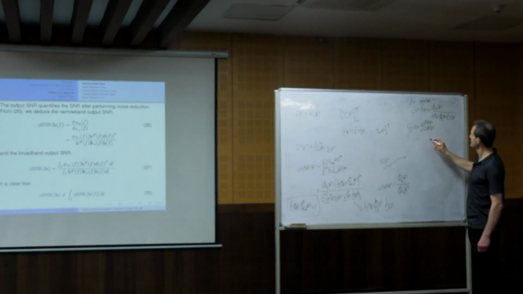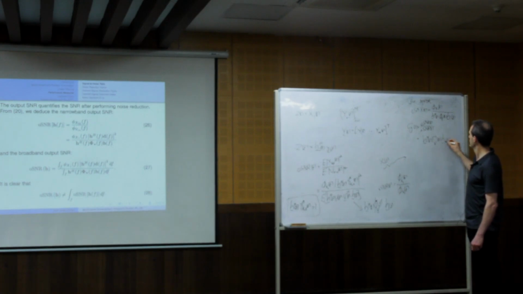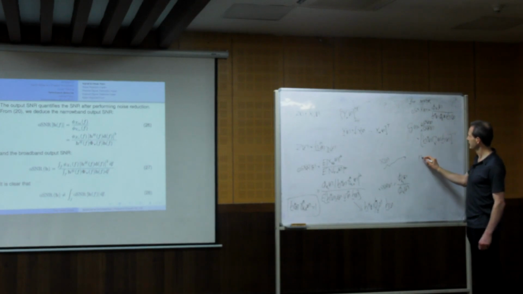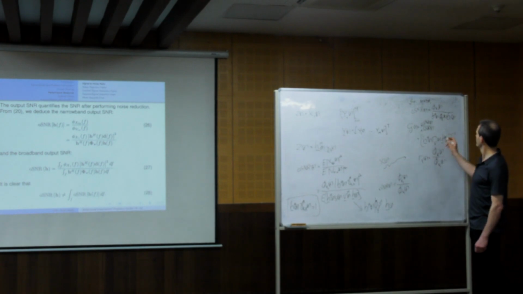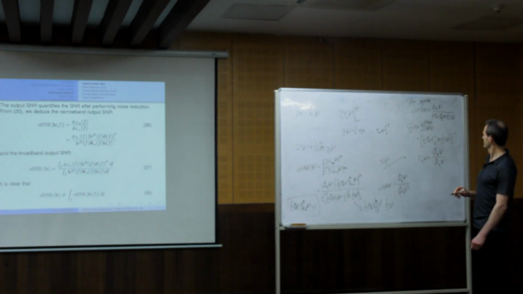So we can write it as H F gamma V H inverse, where gamma is the normalized correlation matrix. Okay, so gamma V will be the normalized correlation matrix of the noise.